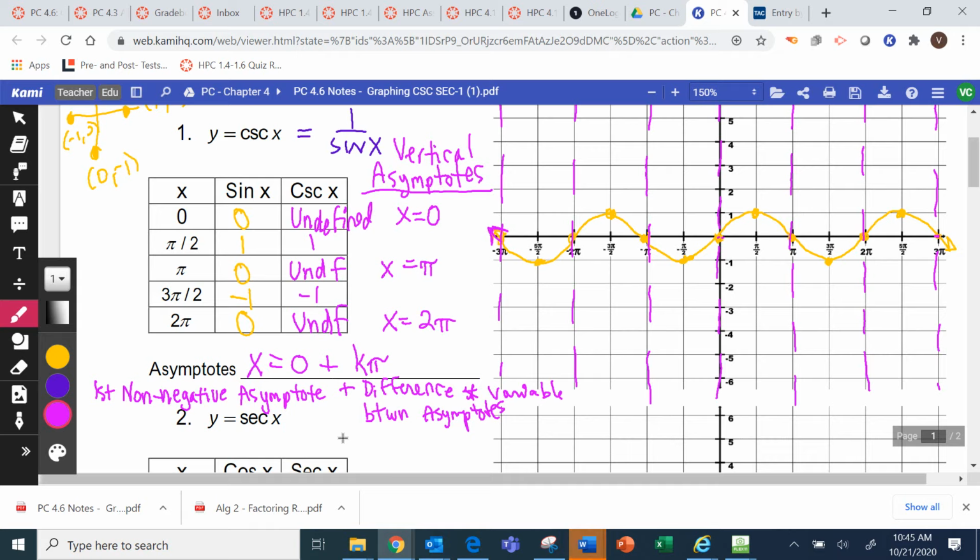One half. If the k is the number 1/2 and I multiply that by pi, that will not get me to the next asymptote. So I've got to specify something about k. It can't just be any number.